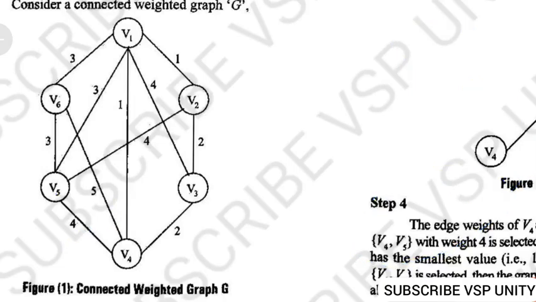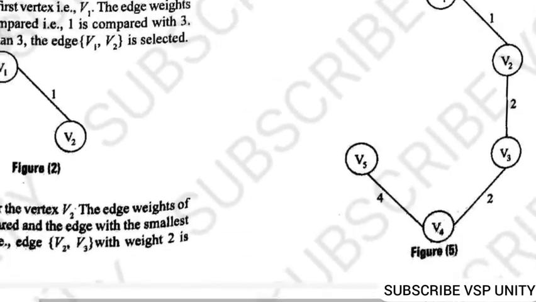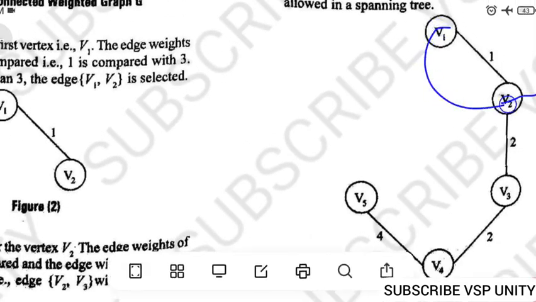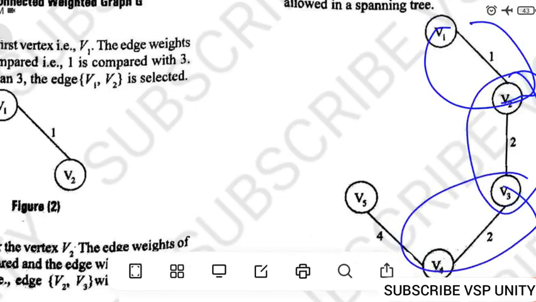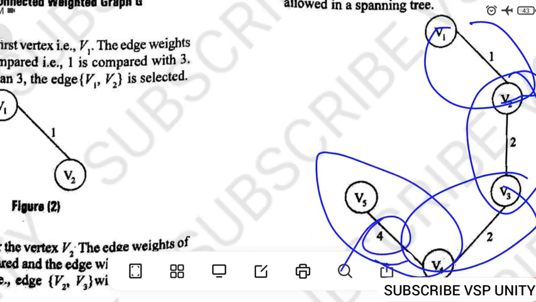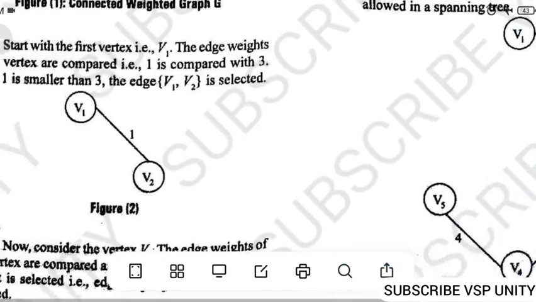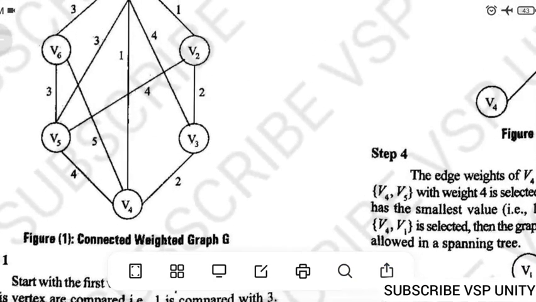Okay, then in the next step I will be adding v5 into my tree. See here, in the first step I did v1, v2, in the next step v2 to v3, then v3 to v4, and in the next step I am going for v4 to v5, which has the lesser path of 4. Then next I look at v5 and search for the adjacent edges.